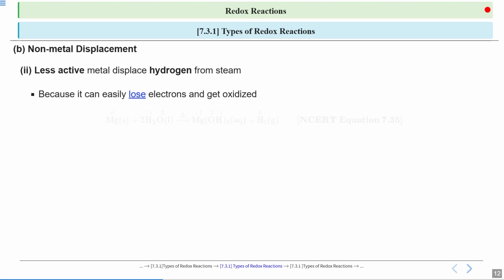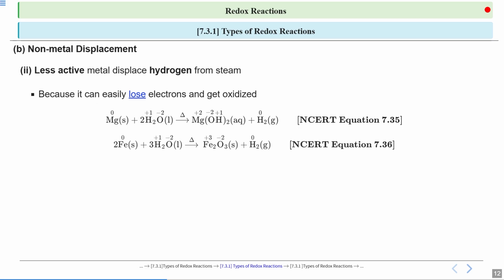If we consider the example in which magnesium is reacting with water, that means steam, you will find that magnesium hydroxide and hydrogen gas are formed. Magnesium exists in zero oxidation state and in the product it has +2, while the oxidation number of hydrogen has changed from +1 to 0. Now iron. Iron has an oxidation state of 0 in the reactant and in the product it has +3.